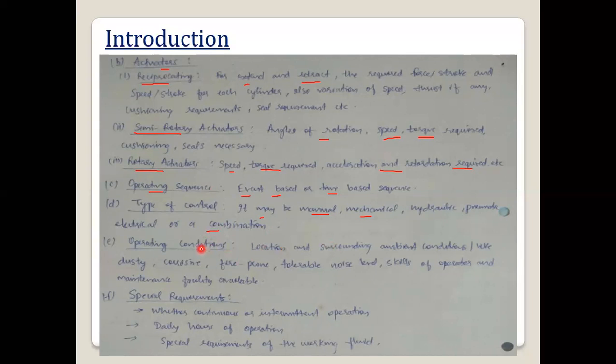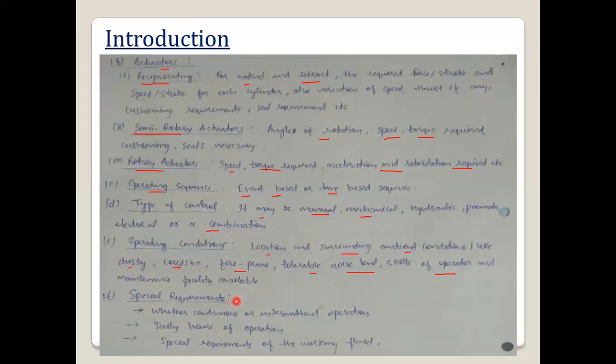Then we will consider the operating conditions, that is, the location and surroundings, ambient conditions also: dusty, corrosive atmosphere, fire prone location, tolerable noise level, skills of operator. All these operating conditions we have to consider while designing the circuit.